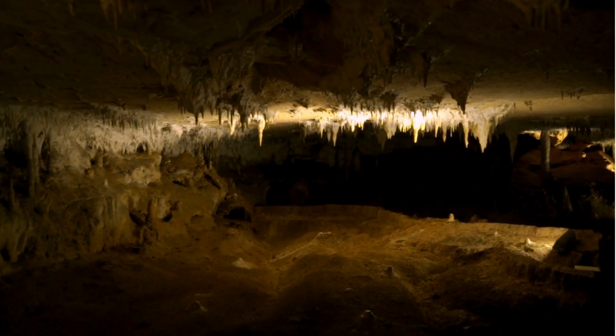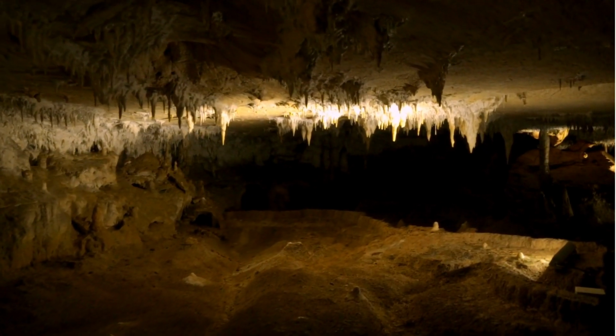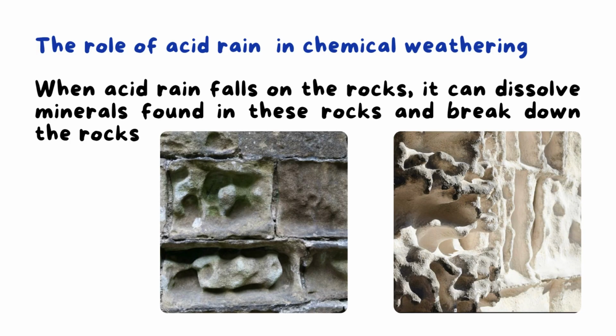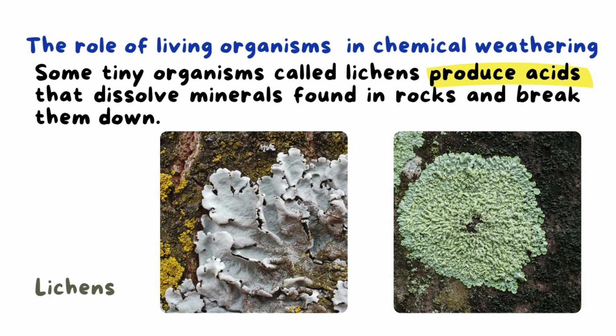Now, we will go to the role of acid rain in chemical weathering. When acid rain falls on the rocks, it can dissolve minerals found in these rocks and break down the rocks. And we know this information about acid rain. Now we will see the role of living organisms in chemical weathering.